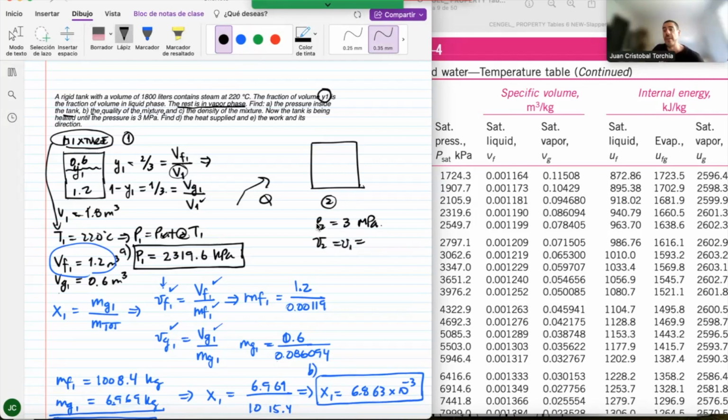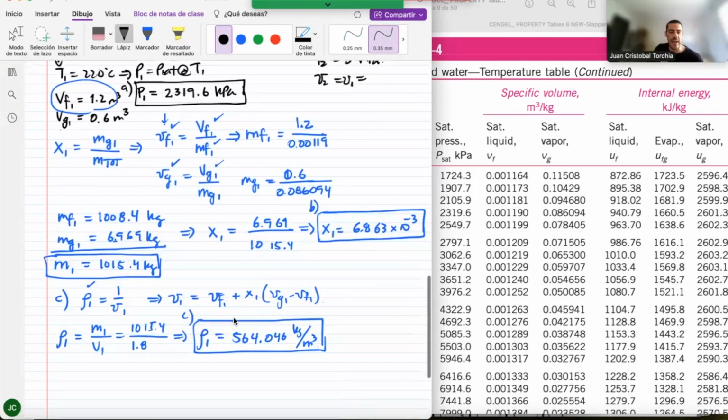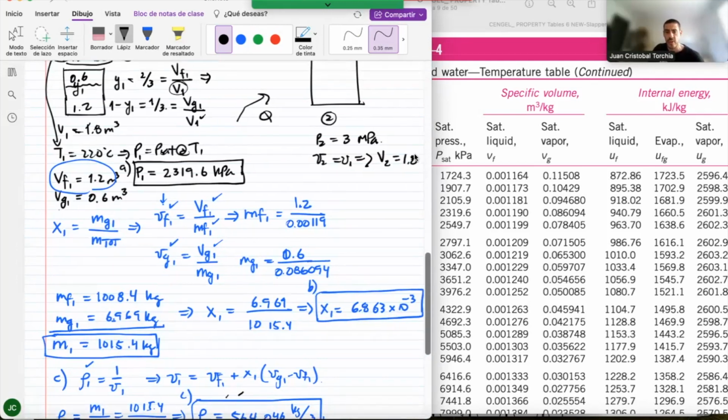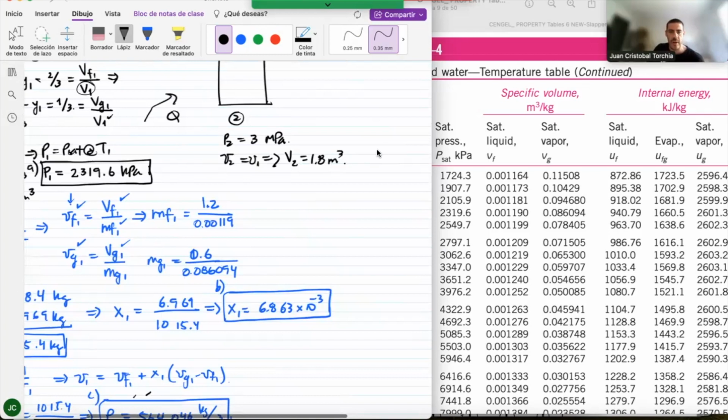And I don't have V1. Oh my God, I should have calculated this one. And you can say, well, you know what, you can put total volume equals 1.8 cubic meters, because this is what you have at first part. Well, it's not a bad idea, but the thing is that we actually need specific volumes in order to go into the tables. Total volume doesn't help us a lot, but nonetheless, v1 equals V1 divided by the total mass.